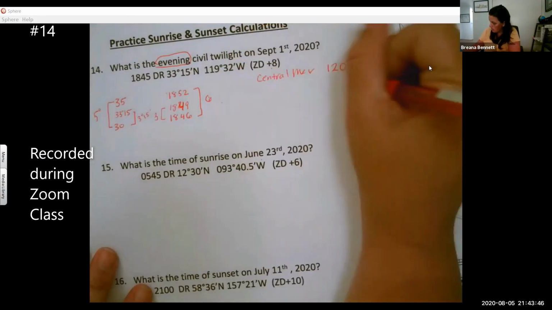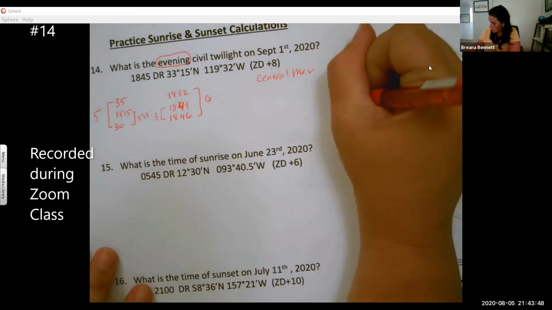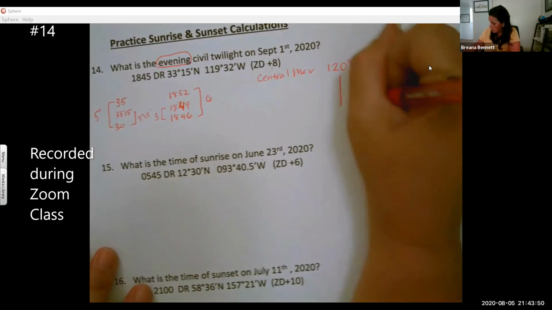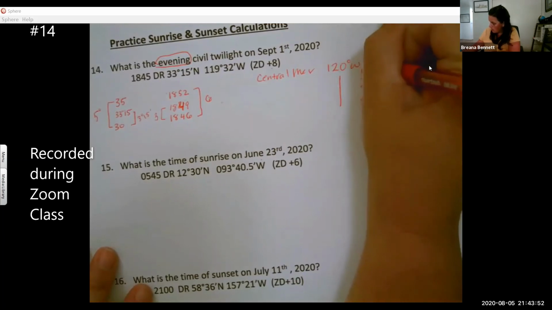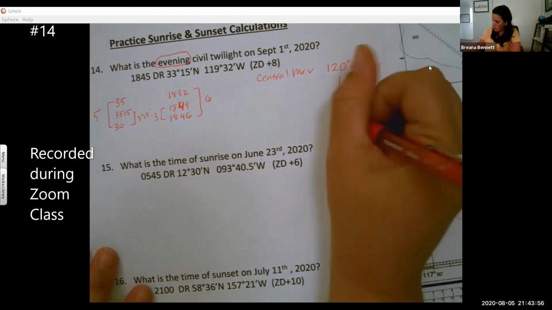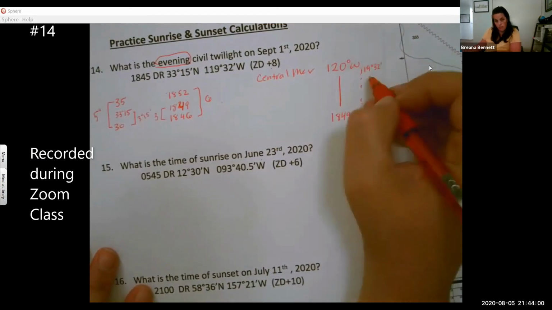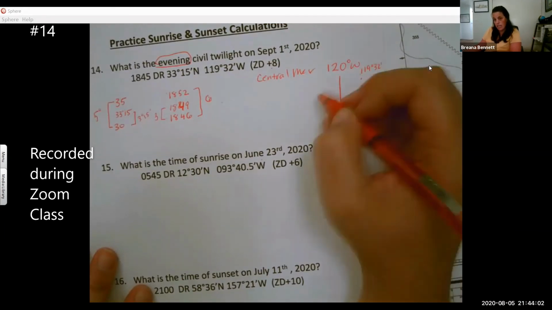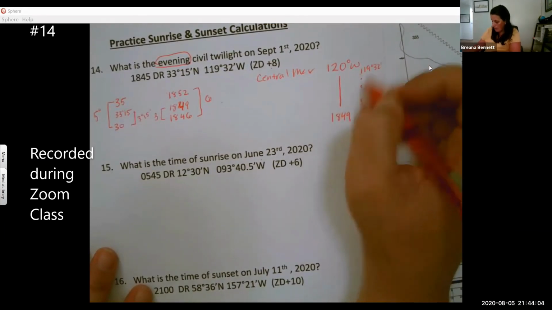So I'm going to draw it over here. There's 120. 119.32 is going to be on this side. So if at 120 it was 1849, at 119 it's going to happen before that. But by how much?